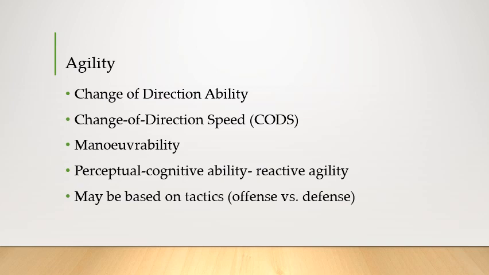So even when you look at that perceptual cognitive ability, it may be based tactically on what you're doing at the time. Or, for instance, in some sports you maybe only play defense or only play offense. In football, if you're only playing one side of the ball, that kind of changes.